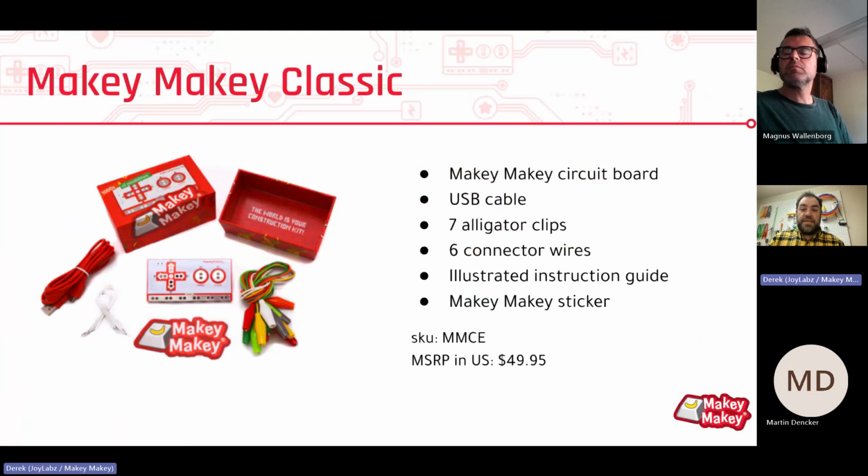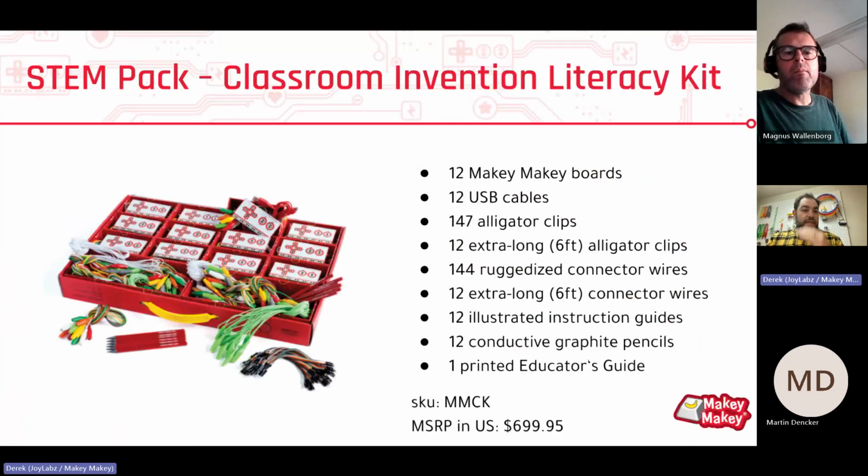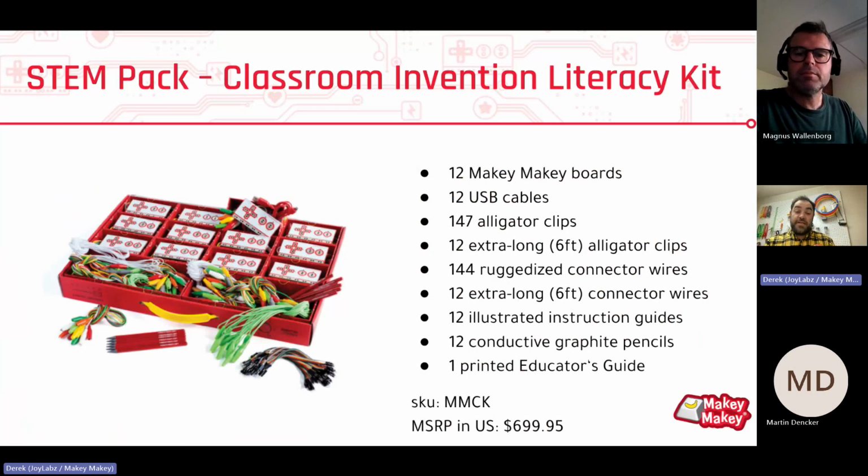Again, the classic comes with the circuit board, the cable, and everything you need, including the little alligator clips. And then the invention literacy kit comes with a little extra stuff: the extra long alligator clips for making bigger inventions, some conductive graphite pencils, and an educator's guide, which is that curriculum book.